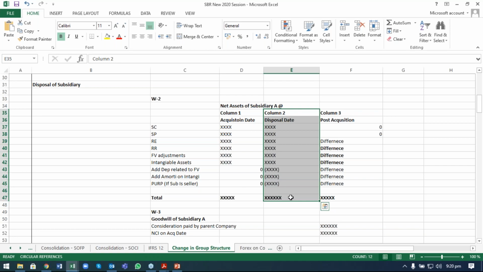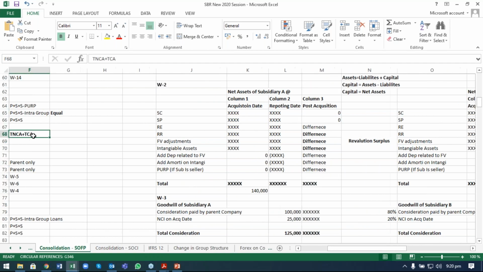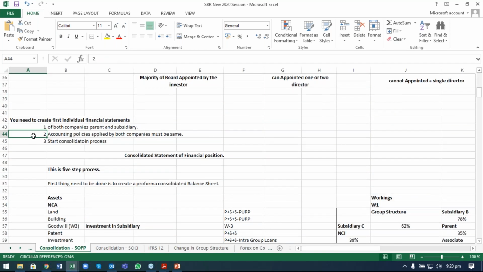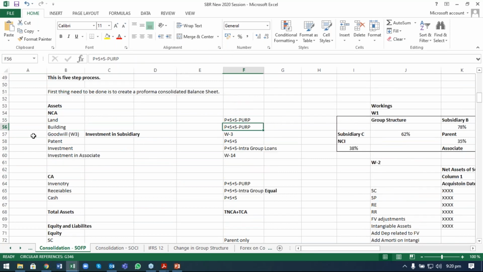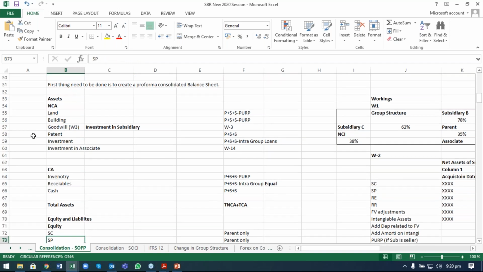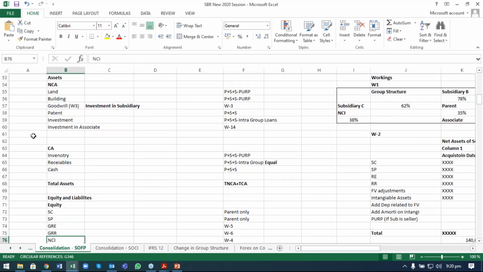Second thing we have recorded is the goodwill of subsidiary that should be reported in your consolidated statement of financial position. You can see here, these are the net assets, parent plus subsidiary, and we have recorded goodwill. Third thing, with respect to subsidiary that was recorded in group financial statement or consolidated financial statement, was the non-controlling interest.